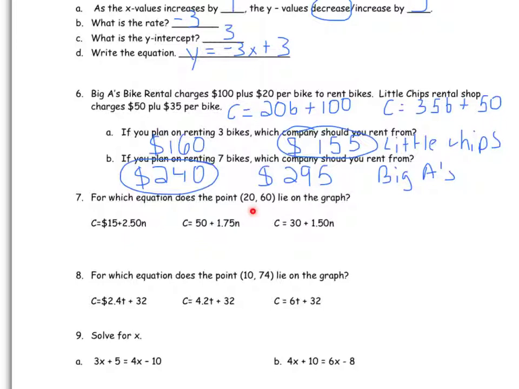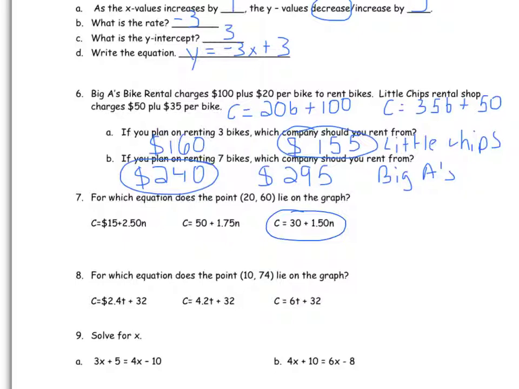Okay, if we say that 20 times 1.5 right here, that's going to equal 30, plus 30 is 60. So that is going to work out. So it's this one right here. So if we put 20 in the place of N, and then we add it together, it's going to equal 60.